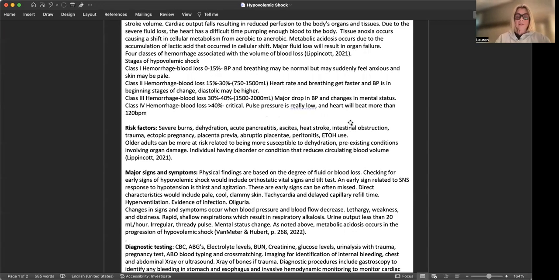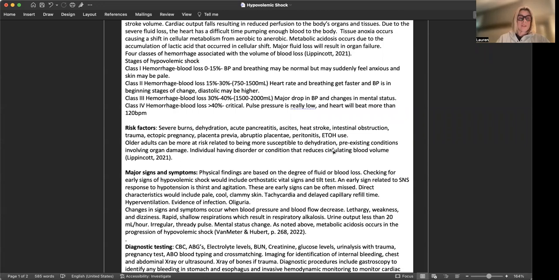Some risk factors, I won't go through all of them, but you can see below. One of the bigger risk factors for a patient will be severe burns. You'll see dehydration, heat stroke, trauma. I also want to mention ectopic pregnancy. You'll see placenta previa, ETOH use.